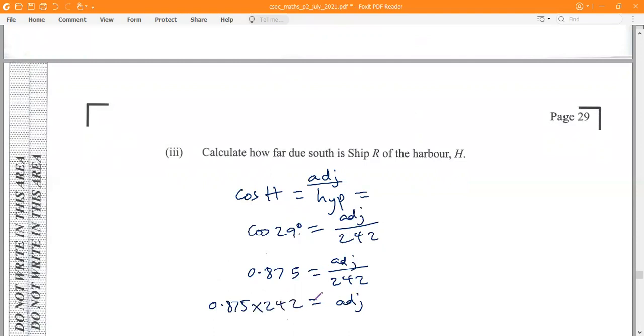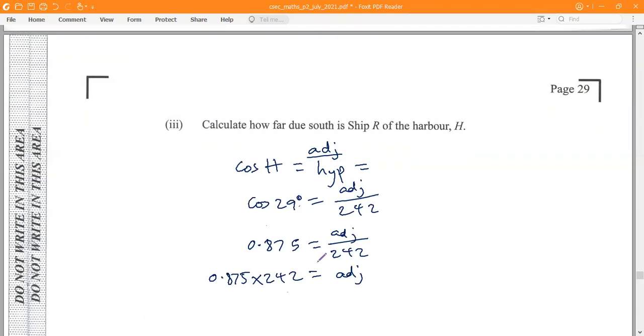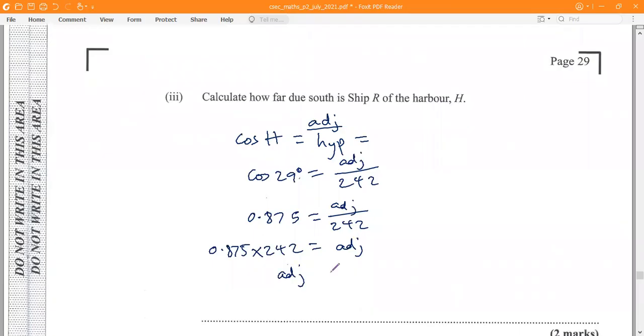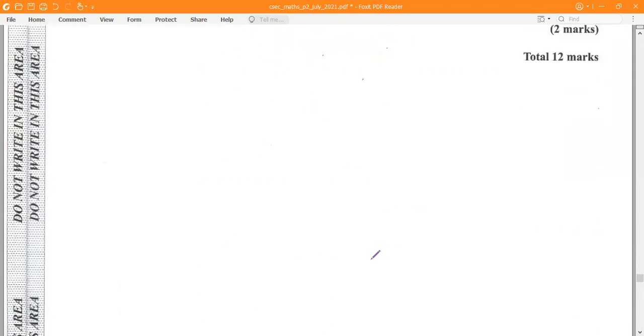So we have 0.875 multiplied by 242, and we get the adjacent as 211.75. All right, let's write it to the nearest kilometer. So we get 212 kilometers to the nearest whole number. This is how far due south ship R is from harbor H. 212 kilometers is our answer.